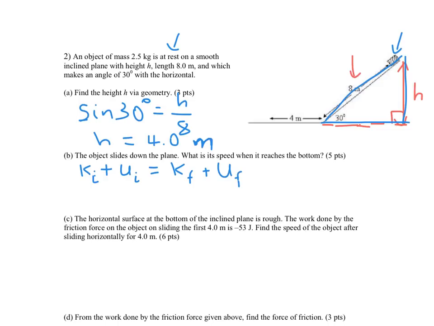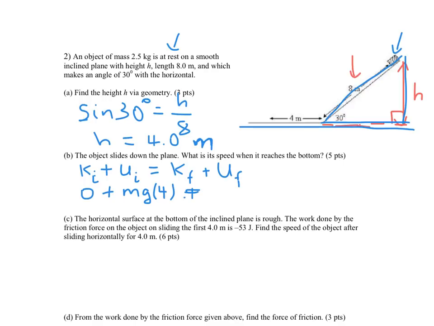Now I'm going to call this the zero of gravitational potential energy. Therefore, the initial kinetic energy is 0, and the initial potential energy is m, it's 2.5, but I'm going to call it m g times h, which we know is 4 meters.